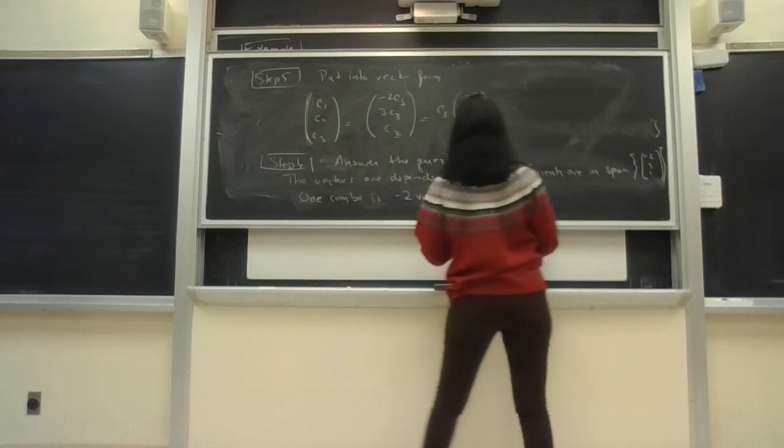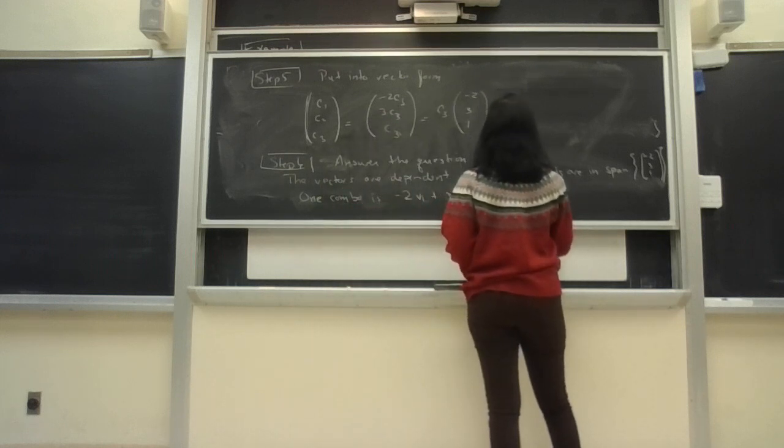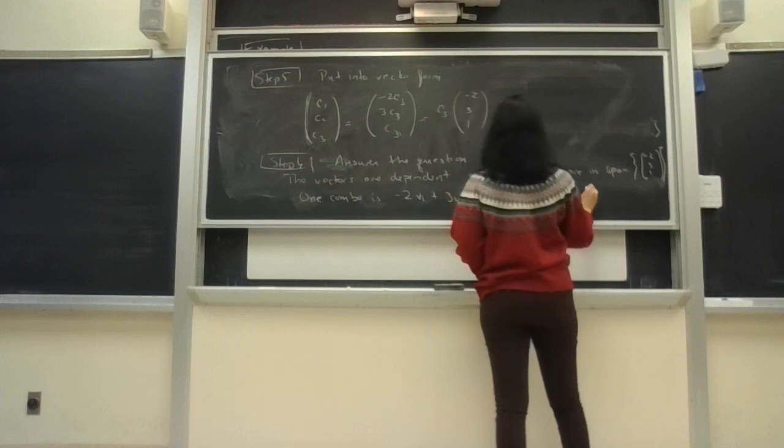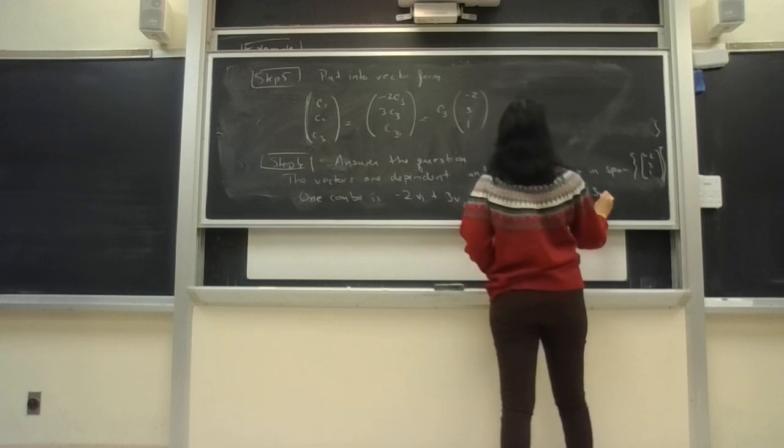They didn't ask you to do it this way. I'm asking you to do it this way. B3 is 2B1 plus minus 3B2.